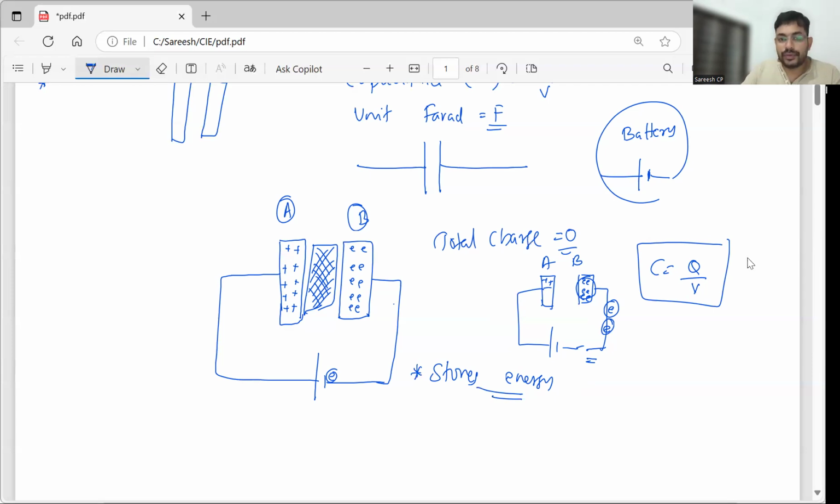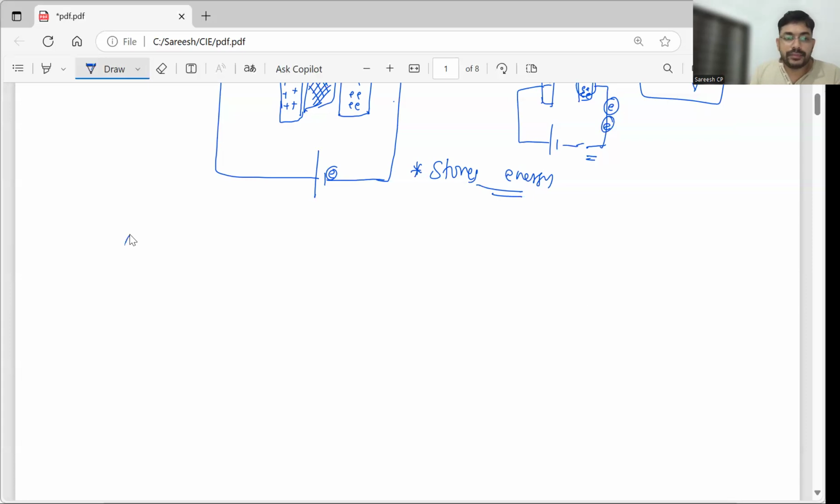Now if you talk about the energy stored in a capacitor, there are two equations. One is half CV squared. If you know the capacitance of the capacitor and the voltage across the capacitor, you can find the energy by using half CV squared. Why does the half come?